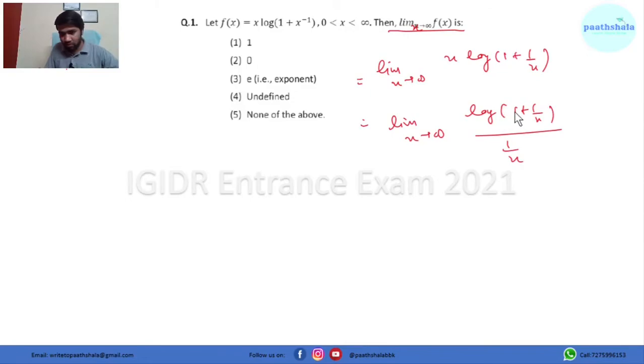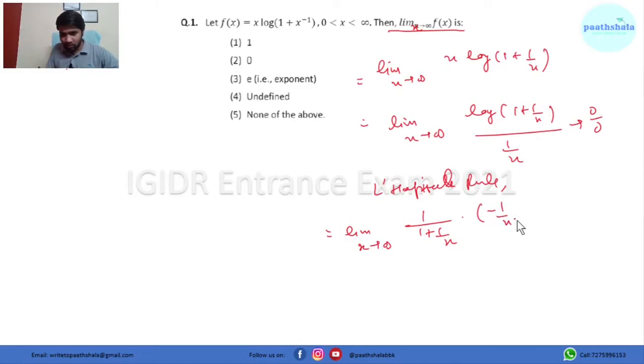Now if you put in the limit, this becomes 0 by 0 form, which is indeterminate. So we'll have to apply L'Hopital's rule. By applying L'Hopital's rule, we get the limit as x tends to infinity of: the differentiation of log(1 plus 1/x) is 1 upon 1 plus 1/x, times the differentiation of 1 plus 1/x, which is minus 1 upon x square, and the differentiation of 1 upon x is minus 1 upon x square.